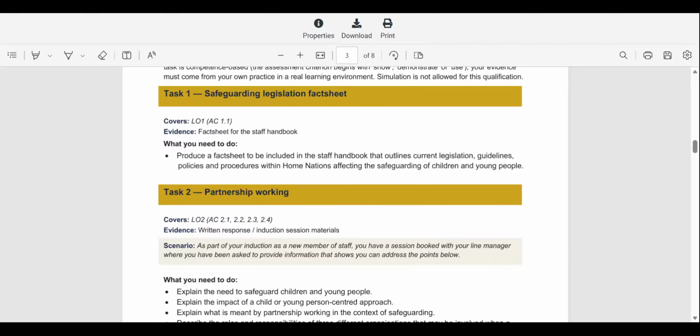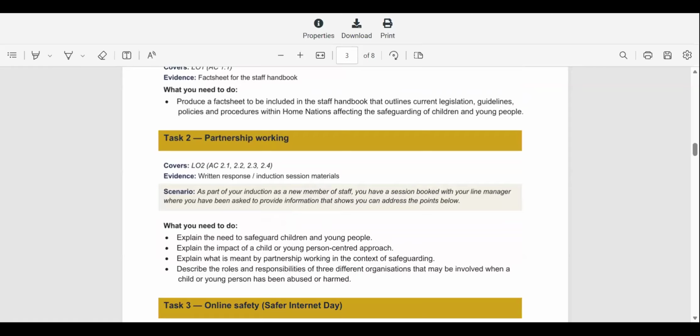And then task 2, put that as a heading. That covers learning outcome 2, AC 2.1, 2.2, 2.3, and 2.4. Here you're doing a written response, which is induction materials. The scenario is as part of your induction as a new member of staff, you have a session booked with your line manager where you have been asked to provide information that shows you can address the points below.